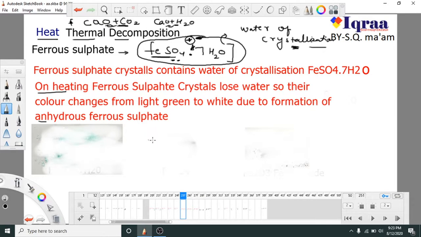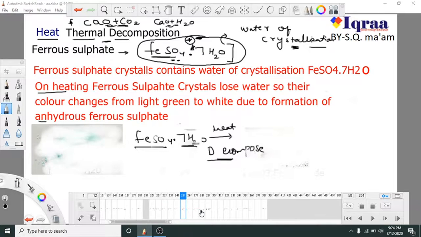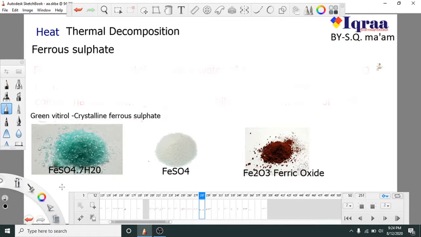Now we will enter into a reaction, we will heat this ferrous sulfate and decompose it by heating, and that's why we are learning about thermal decomposition. We will use heat and break down ferrous sulfate from its 7 molecules of water.